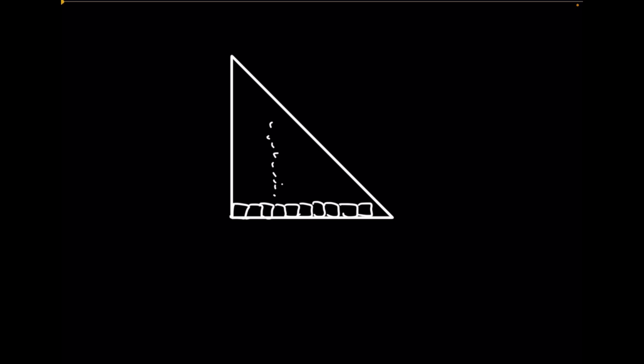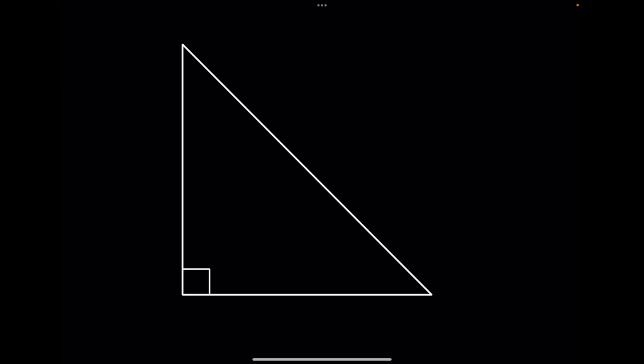And an additional condition given is that the side of the squares should be parallel to the base of the triangle. So how do we go about approaching this problem? So we start off very intuitively by placing a single square on the bottom left corner of the right angle triangle, right?